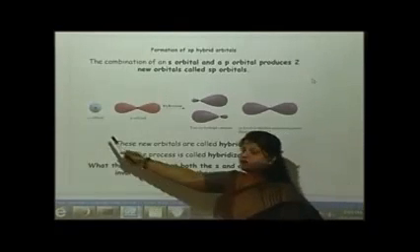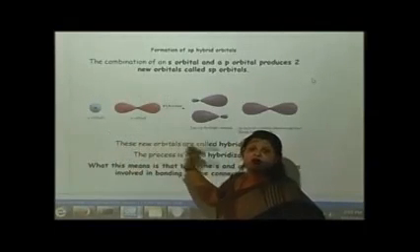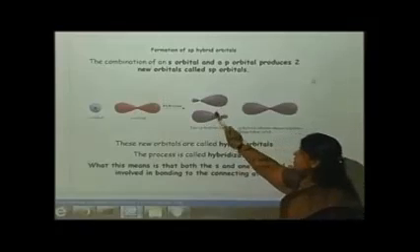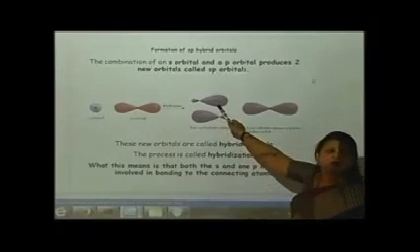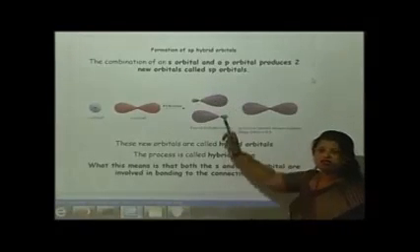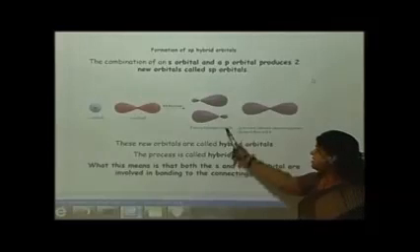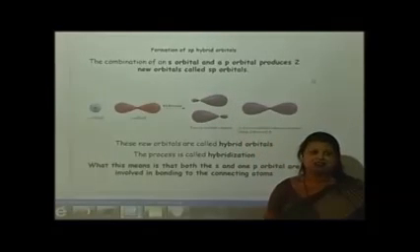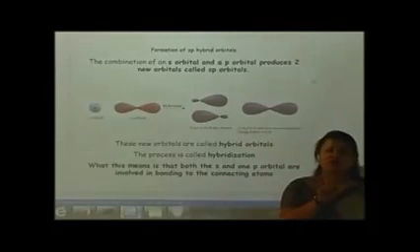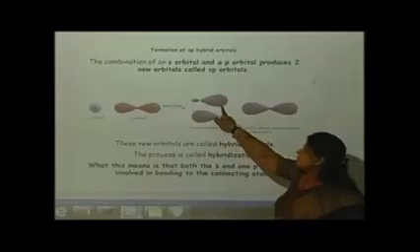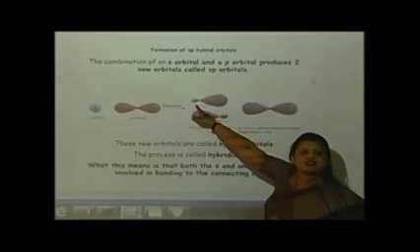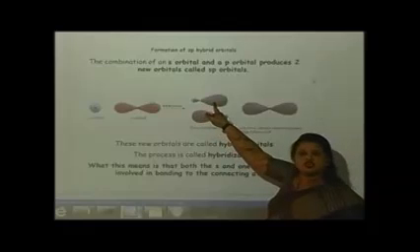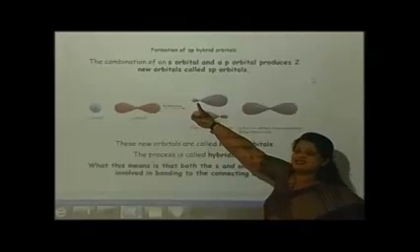We have an s orbital mixing with a p orbital. Two such hybrid orbitals will be formed. This is one hybrid orbital, this is another hybrid orbital. Another thing which I would like to highlight here is that each hybrid orbital has two lobes, this one and this one. This is the major lobe and this is the minor lobe.